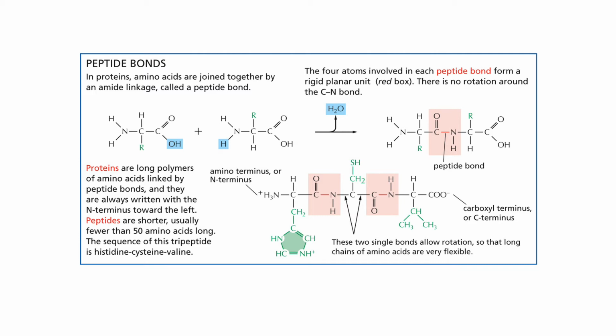And so you can see there's the arrow with the release of water, and now you have these two amino acids linked. So there's the carbon with the double bonded oxygen, now linked with this peptide bond to the amino group, which now has one H, and then you go on to the next R group. So these are now linked as two amino acids in a small peptide.